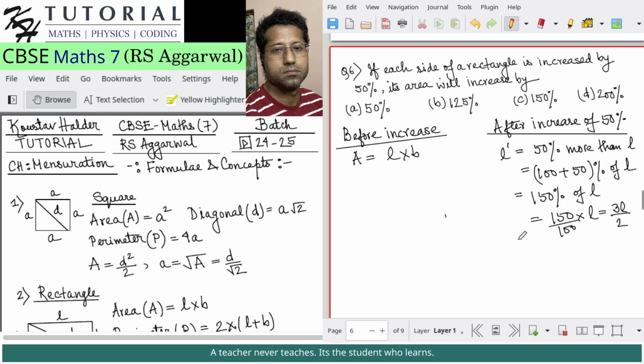Similarly, since both the length and breadth have been increased by 50%, let's say B dash refers to the new breadth after the original breadth was increased by 50%.